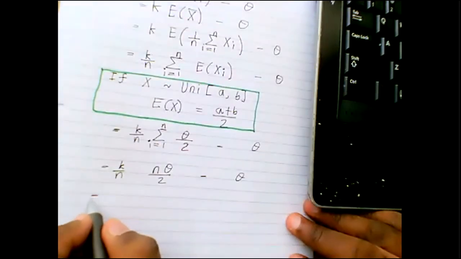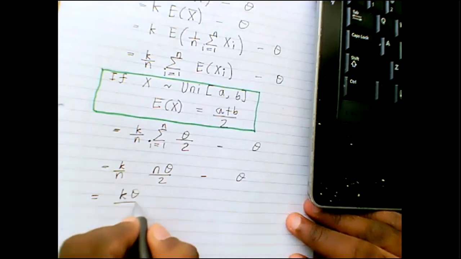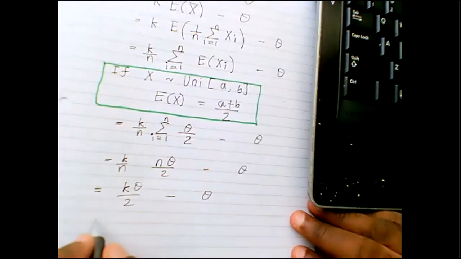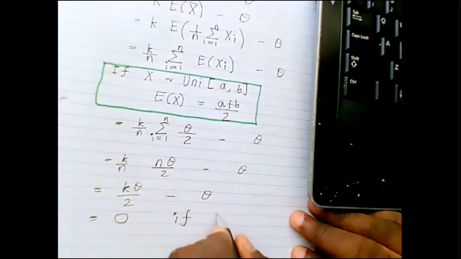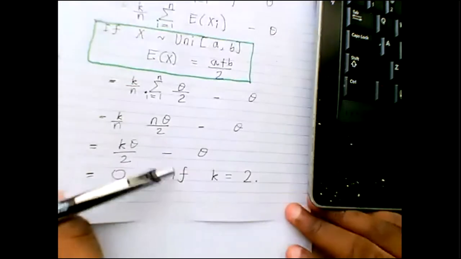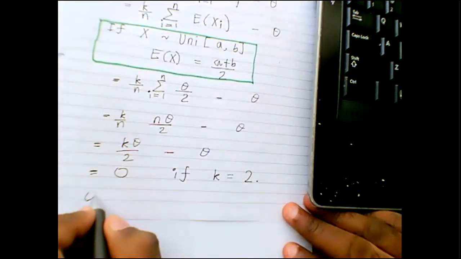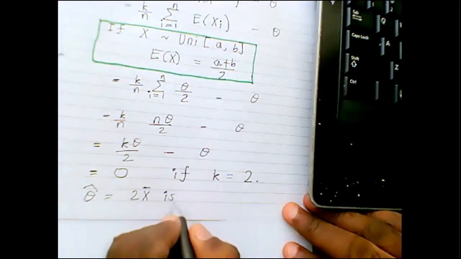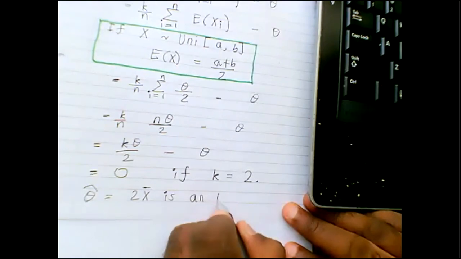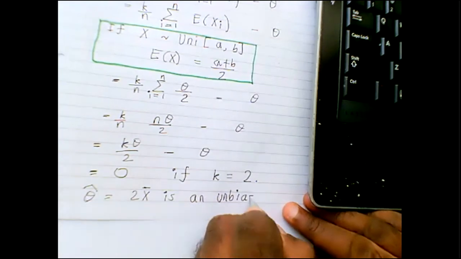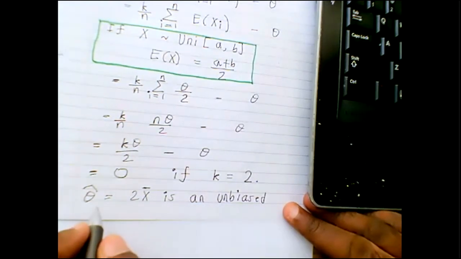All right, so this becomes k theta by 2 minus theta, and this is equal to 0 if k equals 2. So theta hat equal to 2 times x bar is unbiased. Remember, an unbiased estimator is an estimator which has bias equal to 0.